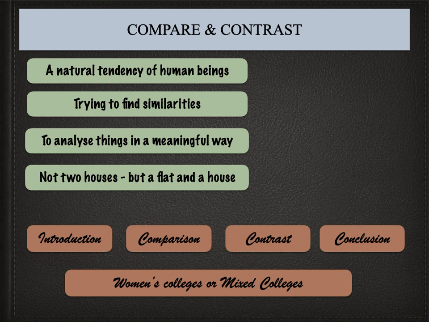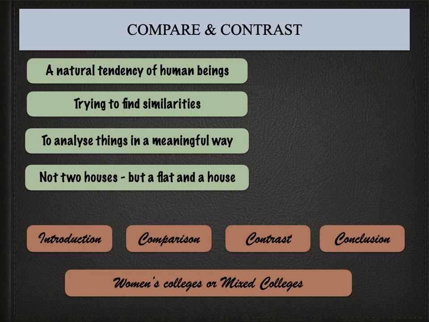Now, one thing which you have to note here is that when you are going to compare and contrast, the two elements that you are bringing forward should have some similarities. At the same time, they should have some contradictory features too. Only then you would be able to draw the similarities and compare, and then speak about the differences and contrast.